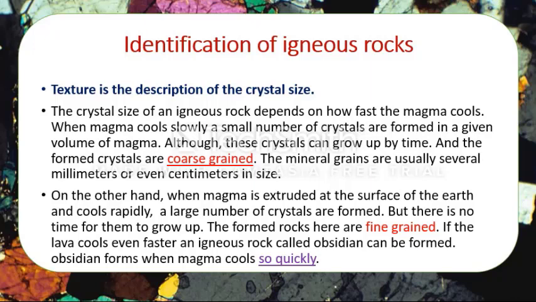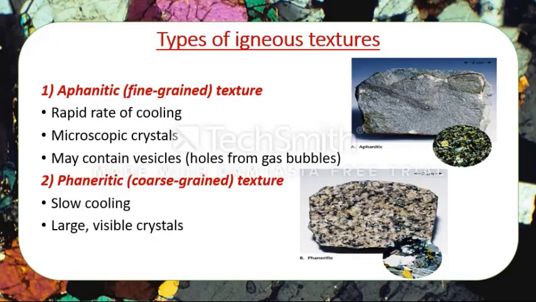If the lava cools even faster, an igneous rock called obsidian can be formed. So obsidian is a rock with glassy texture. According to mineral composition, obsidian can be related to granite or related to basalt. Obsidian forms when magma cools so quickly.